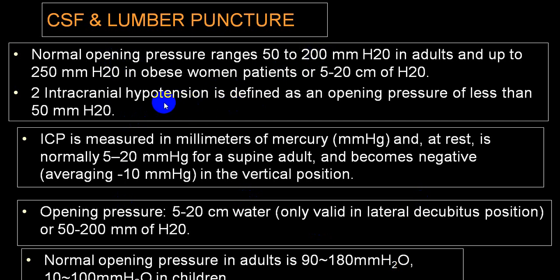It will be very, very low in a person with an intracranial hypotension, or if there is a dry tap, you will not be able to measure the pressure. So opening pressure gives you a good idea regarding the person is having a raised intracranial pressure or normal pressure or low pressure. That idea can be easily obtained by measuring an opening pressure.